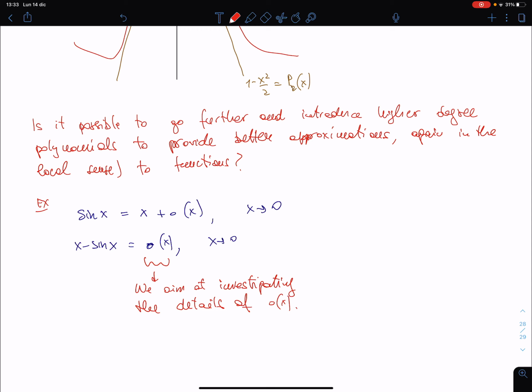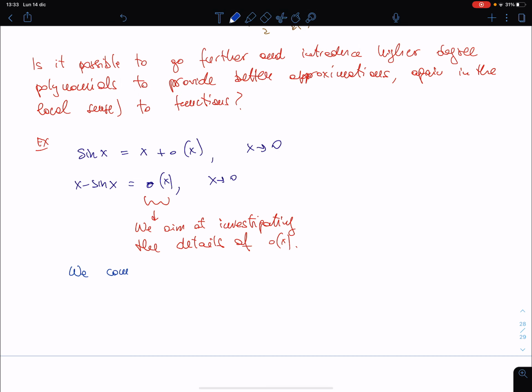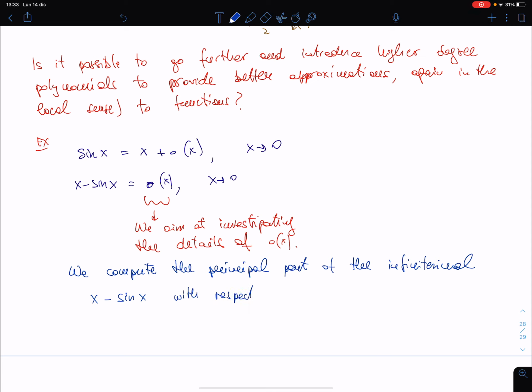In particular, the problem is to compute the principal part of the infinitesimal x minus sine of x with respect to the sample phi of x equal to x as x goes to 0.